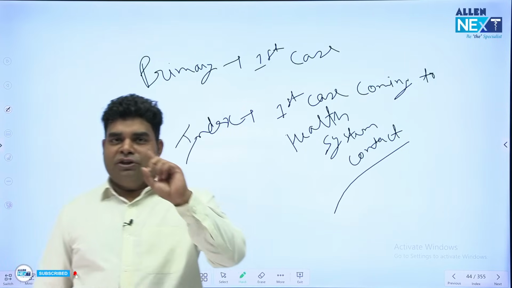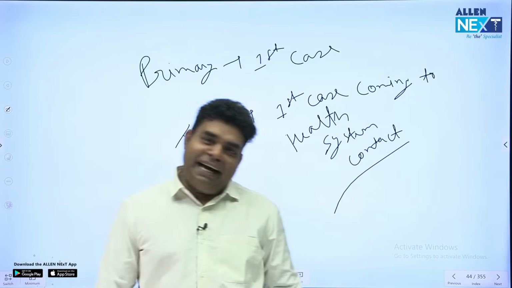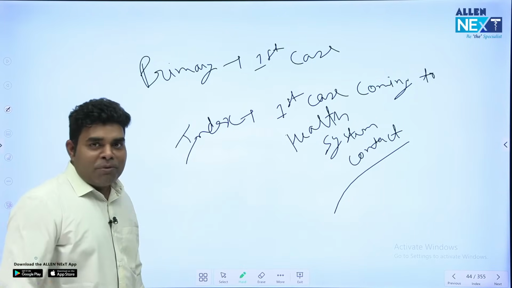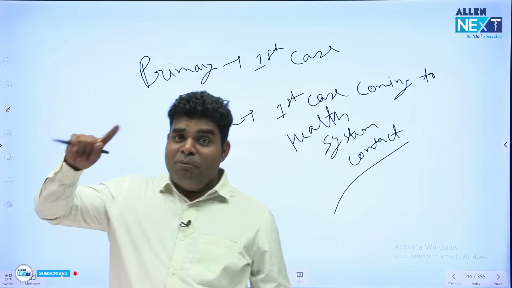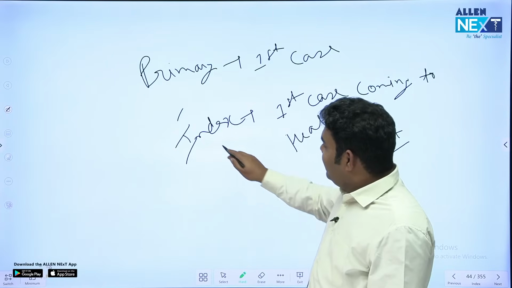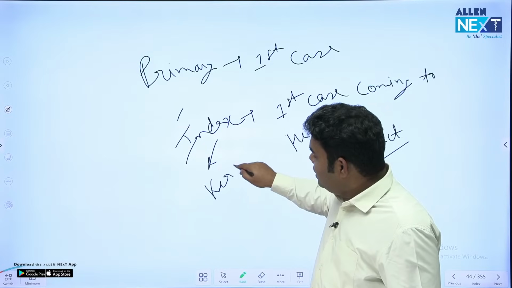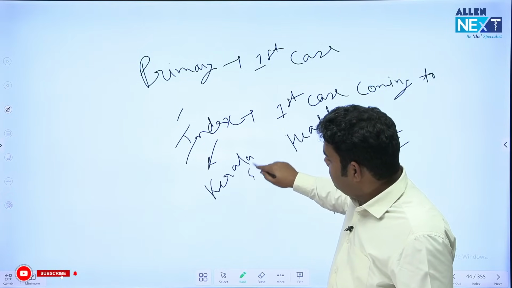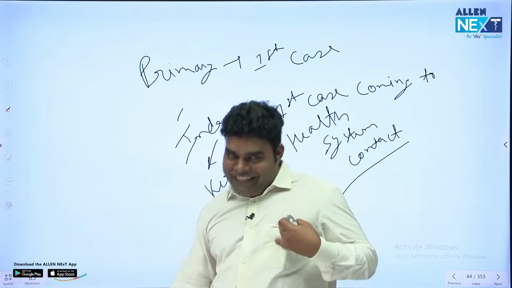And from Kerala, the first case of corona was reported in India on the 31st of December 2019. So in this story, who is that Kerala guy who was reported to the health system? Was it a primary case or index case? The Kerala guy came to the health system. That Kerala student was the index case. But I was the primary case who brought corona from China.